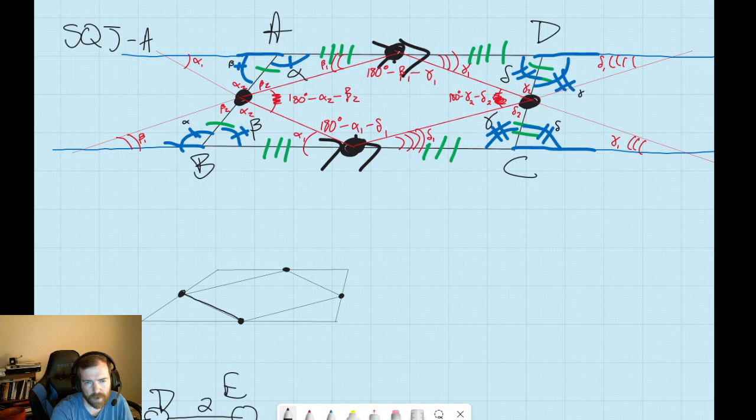Could maybe be a parallelogram. Okay, so the question here really is, if it is a parallelogram, that would do it. Yeah. If it is a parallelogram, then the opposite angles on both of our corners should be the same.